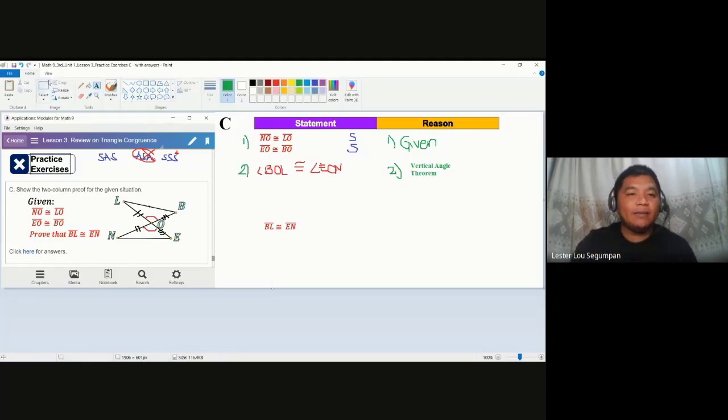Now that we have established that, we have the last value for A. But then again, as I mentioned in the previous video, you might want to check that out, we don't have an SSA postulate. What we do have is SAS, and it is achieved because A here is an included angle between two sides.